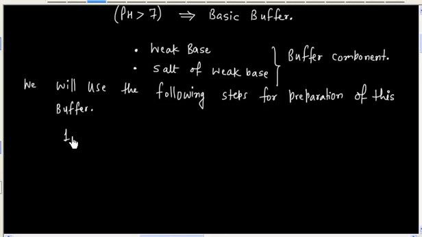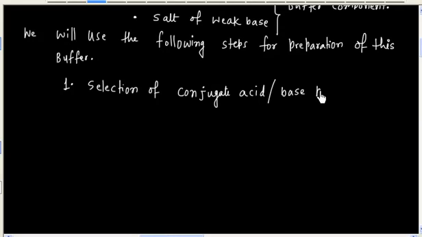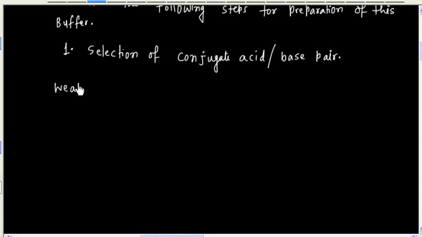And the first step is selection of conjugate acid base pair. So we are looking for a weak base and salt of weak base.